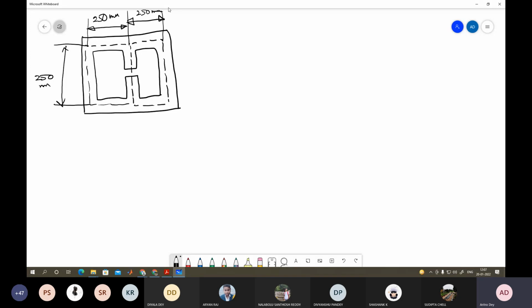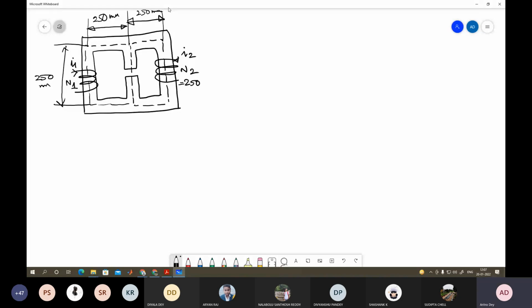What else is given? We have 2 coils. This is coil 1, carrying magnetizing current I1, with number of turns N1. This is coil 2, carrying current I2, with number of turns N2.